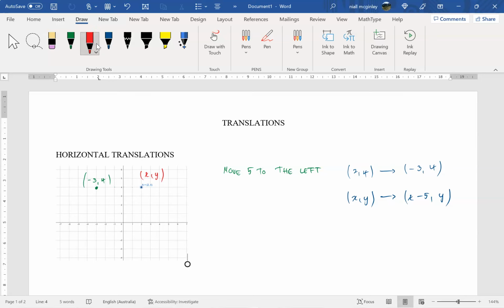When you have the image, you can always refer to that as (x', y'). That is your new x value and your new y value under the transformation. So our new x value, x', turned into x - 5. For y', well, y didn't change, so y' just equals y.